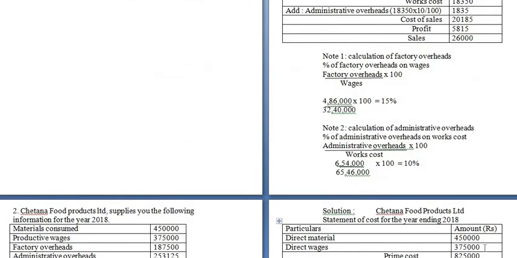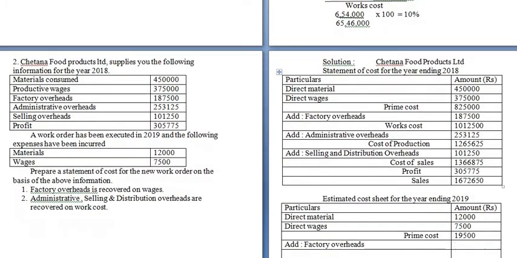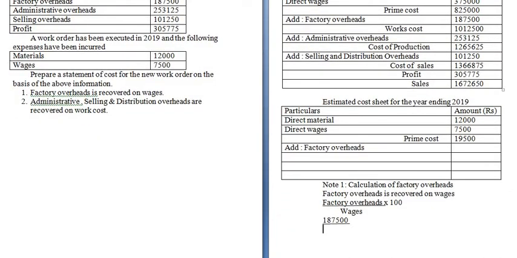Wages for 2018 is 3,75,000, into 100. Calculate the percentage, and the percentage is 50%. So it is 50% on wages.